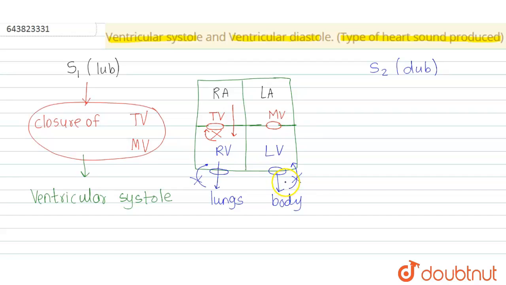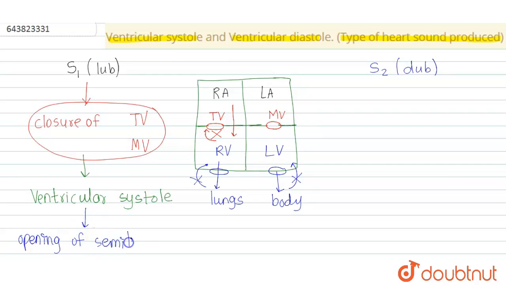So when does this valve open? Whenever there is a ventricular systole. Whenever there is a ventricular systole, there is closure of the tricuspid valve and the mitral valve, but at the same time there is opening of the semilunar valve.